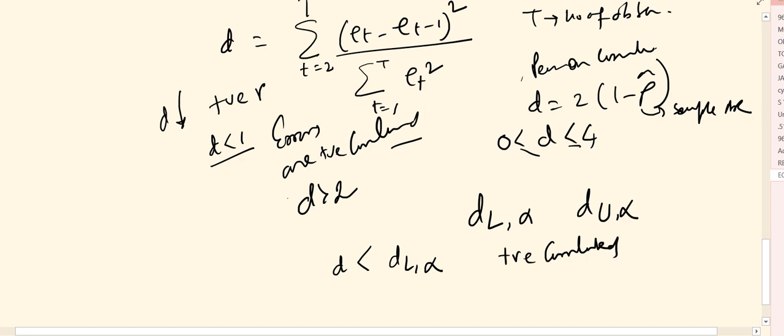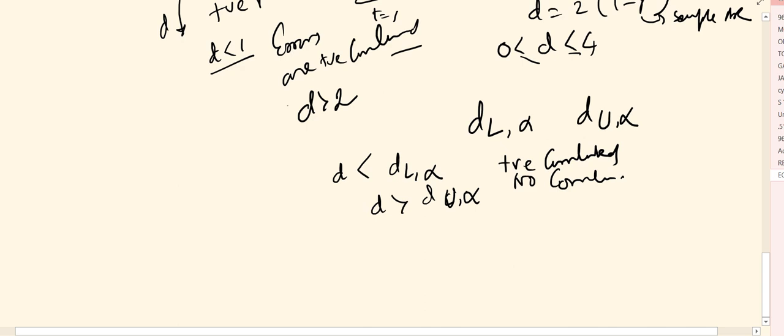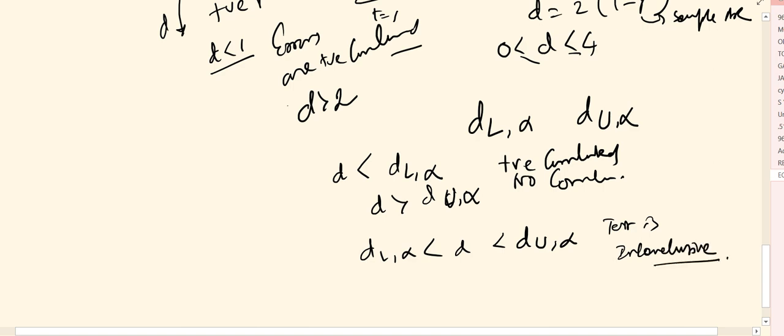But if D is greater than DU alpha, there is no statistical evidence of correlation. But if it lies between these two, the test is inconclusive. Clear? So this is the formulation.